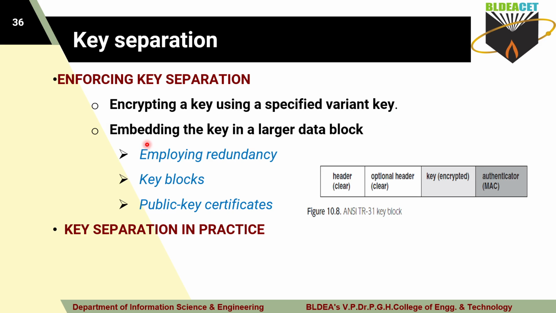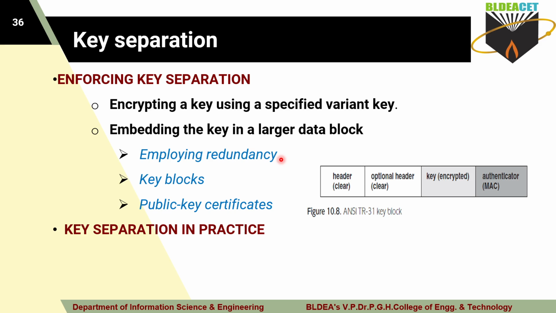One more is embedding the key in a larger data block. If you want to embed any key in a larger data block, then also you go for key separation. Another is employing redundancy. As you know, for encryption and for decryption you require a key. If you use the same key for encryption and decryption, you call that a symmetric key.